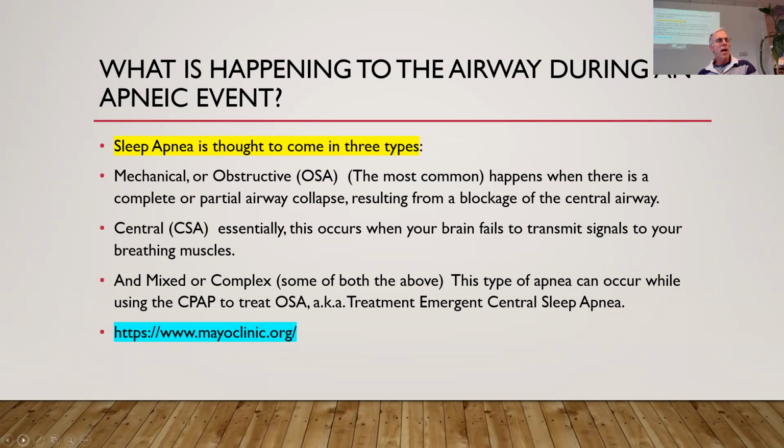The other kind, which is a little less common, but no less troublesome and serious, is the central form of sleep apnea. And what happens is this occurs when your brain fails to transmit the necessary signals to your breathing muscles to breathe in and out and help your lungs breathe while you're asleep. It's an automatic feedback mechanism.